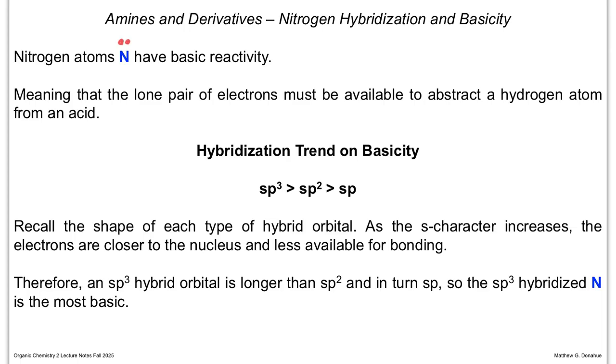So because nitrogen has that lone pair, they have basic reactivity. By basic, I'm not talking about like beer versus champagne budget. I mean the ability to abstract a hydrogen. So when you're able to classify the nitrogen hybridization, this is the trend: an sp3 nitrogen is more basic than sp2 and more basic than sp.